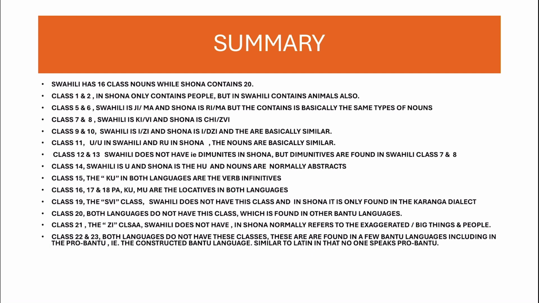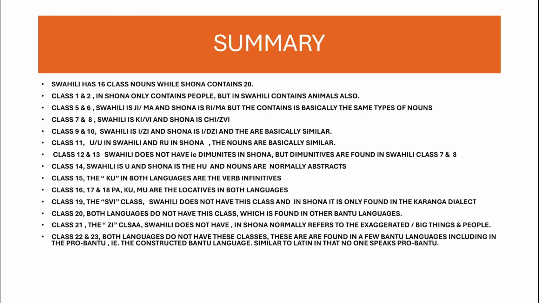Let's start with class 3 and 4. These are mainly trees, and they are very similar in both Swahili and Shona. Class 5 and 6 are the Jina in Swahili and Rima in Shona, and they contain basically the same types of nouns.